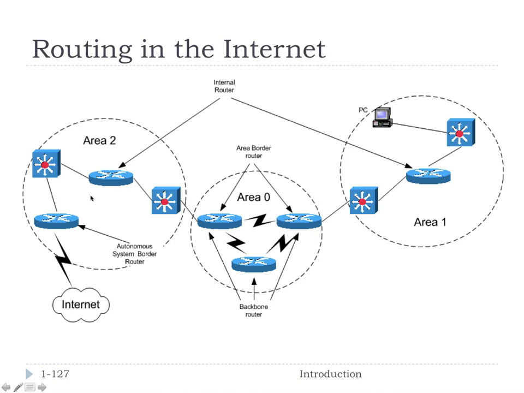So this organization could run RIP, this organization could run OSPF, and Area 1 could run the other one, eIGRP. But the routing protocols running on routers that are exterior to them all have to be running the same routing protocol, and that's BGP, the Border Gateway Protocol. That's the one that all exterior gateway protocols have to run if they're going to be on the global internet.